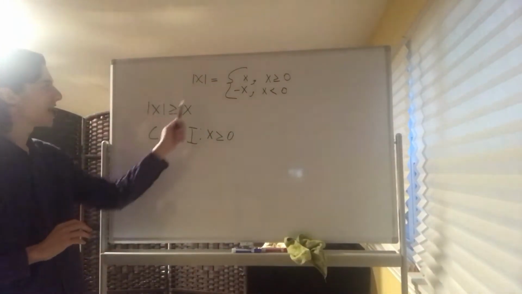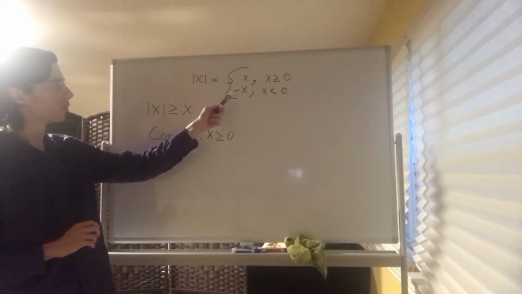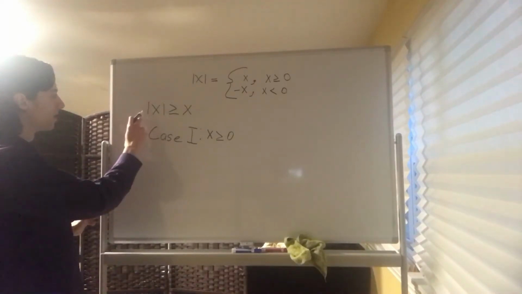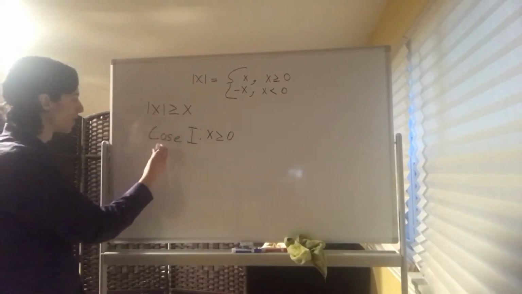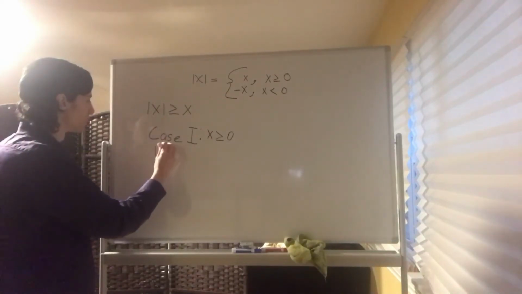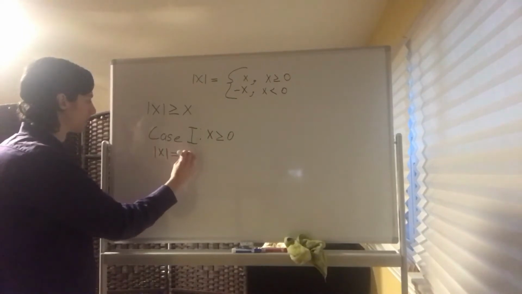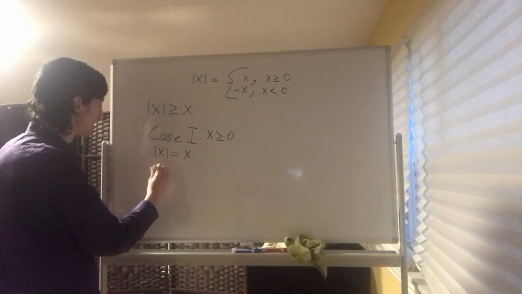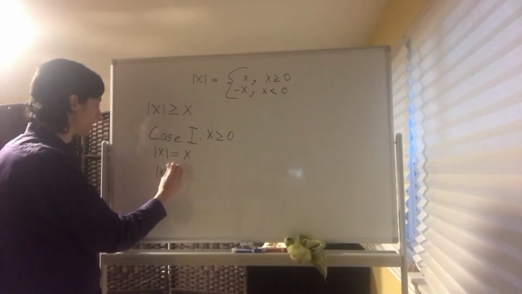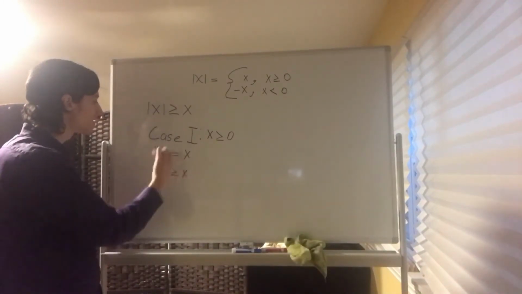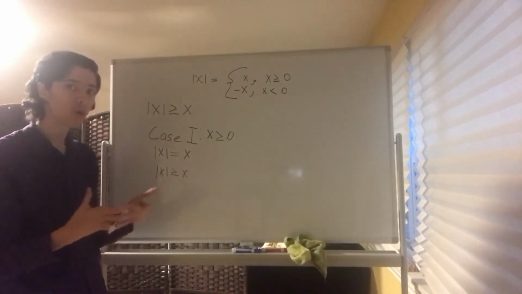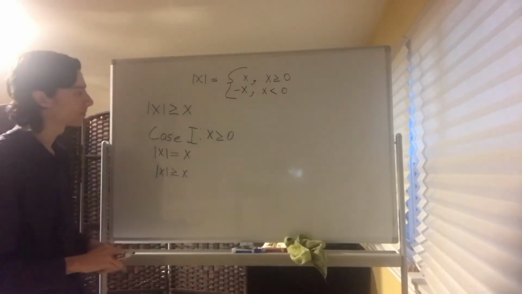So that means that the absolute value of x is equal to x. So in this case, the absolute value of x is equal to x, so therefore this statement is true. Right? The absolute value of x is equal to x, and absolute value of x is greater than or equal to x, these can both be true, because in this case, they are equal.